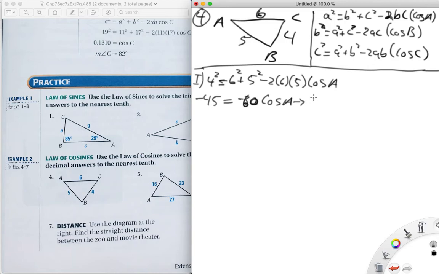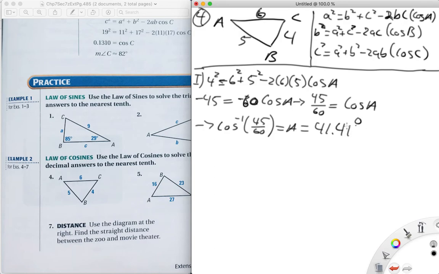At this point I'm going to inverse cosine both sides, so it's cosine inverse of 45 over 60, and that's going to give me angle A. Angle A equals 41.41 degrees. So that's that guy.